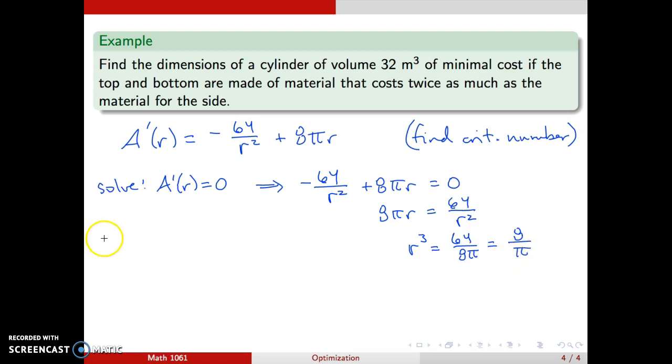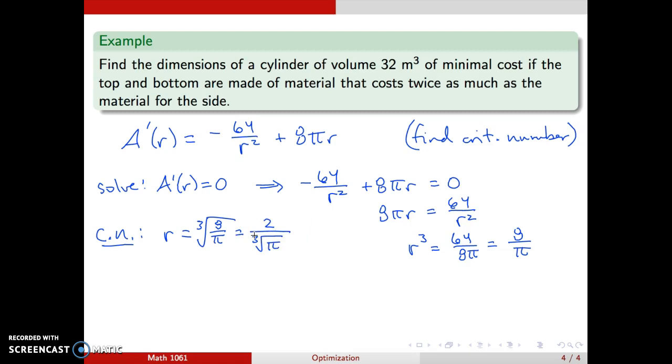My critical number, with only one real root here, is the cube root of 8 over pi, which is 2 over the cube root of pi.